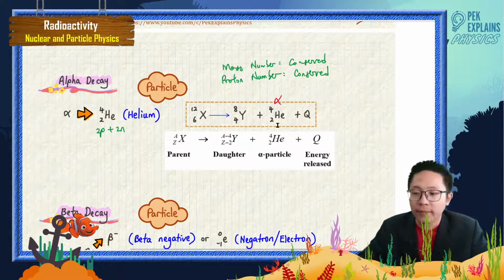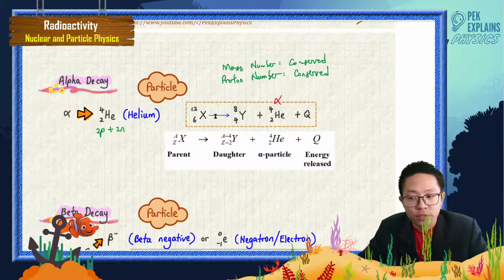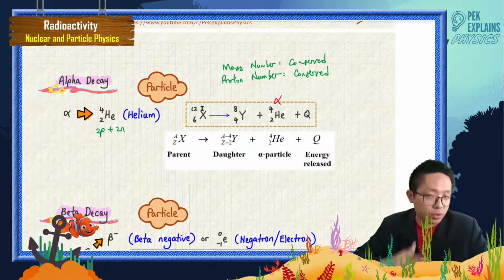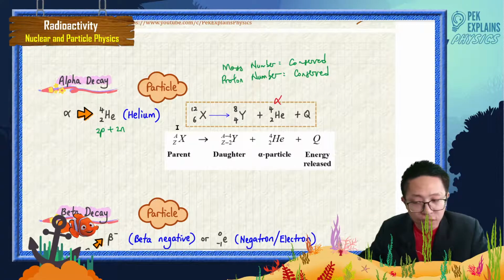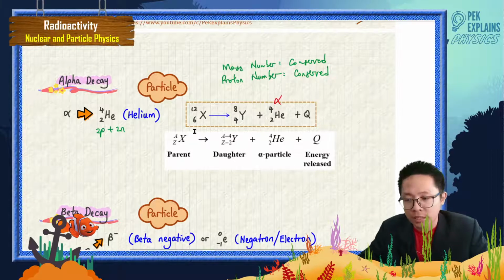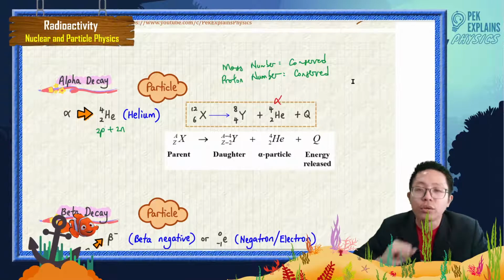For example, at the left hand side, the mass number is 12, so at the right hand side, when totaled up, it must also equal 12. So it is 8 plus 4 equal to 12. Yes, this is correct, the mass number is conserved. The proton number on the left hand side is 6, and the right hand side is 4 plus 2, also equal to 6. So the proton number is also conserved.